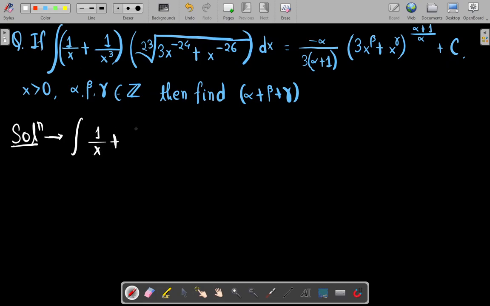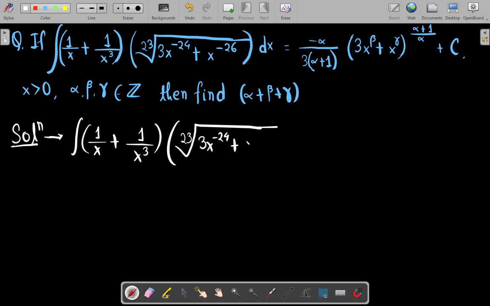So we are given 1 by x plus 1 upon x cube times the 23rd root of 3x raised to the power minus 24 plus x raised to the power minus 26, right? So what if I try to multiply and divide with an x to each of these terms?